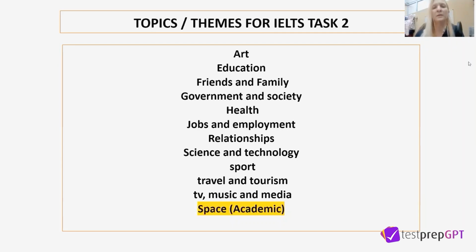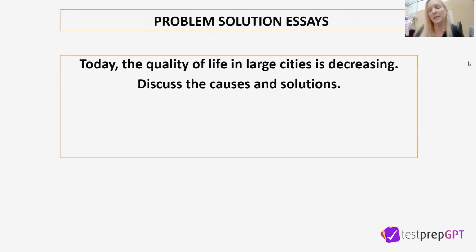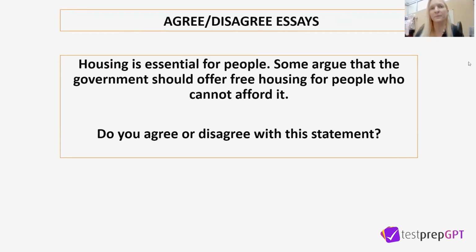It might be interesting for you to read articles related to those topics, and also develop your vocabulary for those topics so that you have something to write about when the essays appear. So let's take a look now at some examples.